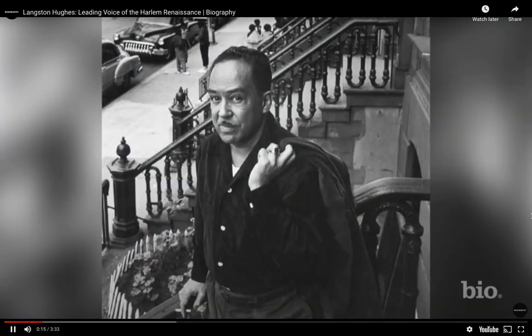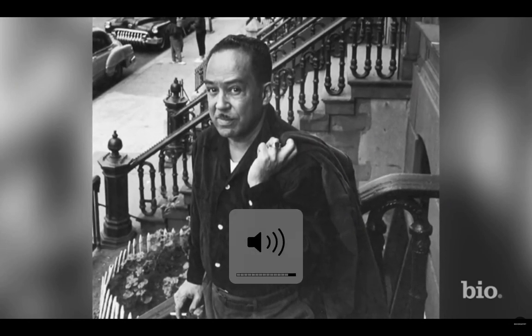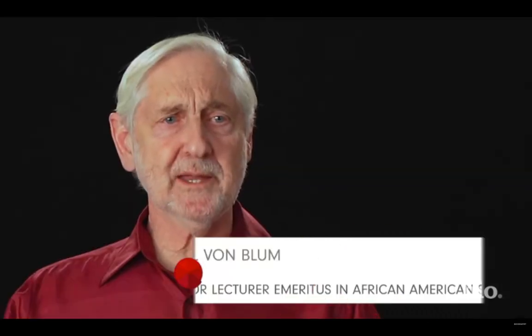Langston Hughes is considered a great author because he spoke to, for, and about Black people in America. Poet, novelist, and playwright, Langston Hughes was the leading voice of the Harlem Renaissance. America was changing during the time that Langston Hughes was so popular. Black consciousness was becoming more and more public, more prominent.